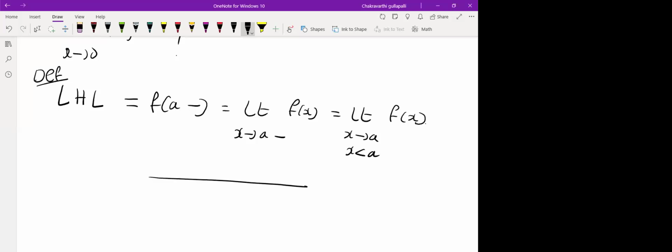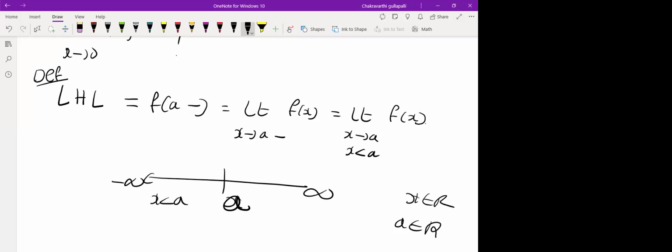That is, x is approaching a from the left side. Because your a is here, what is your x? x is a real number. It is roaming on the number line. a is a fixed point, a fixed real number. We don't know, a may be negative, positive, rational, irrational, zero also, anything. But x can roam anywhere on the number line.